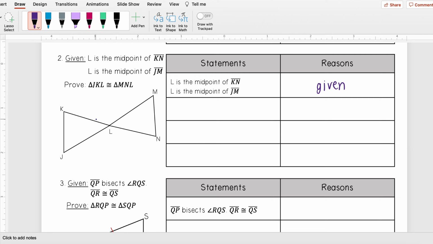So since it's a midpoint of KN, that means that KL is congruent to LN. I'm actually going to write this all in one line. So KL is congruent to LN, and we have that JL is congruent to LM. And that is definition of midpoint.